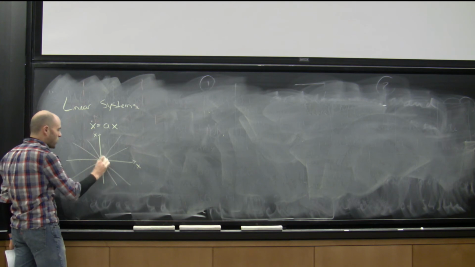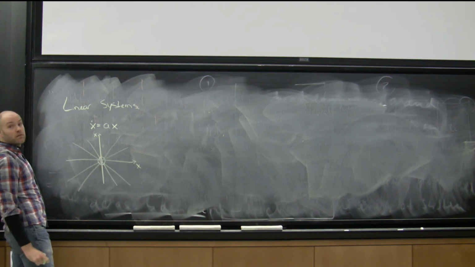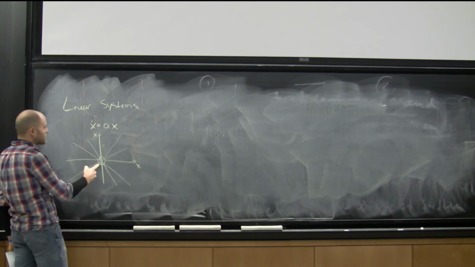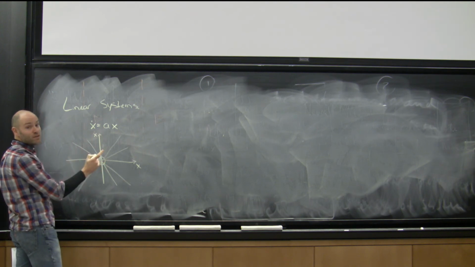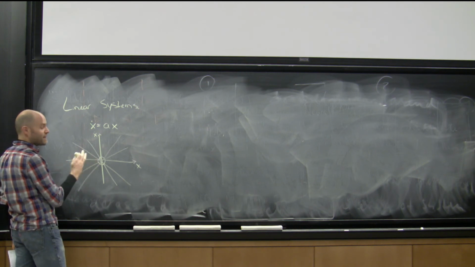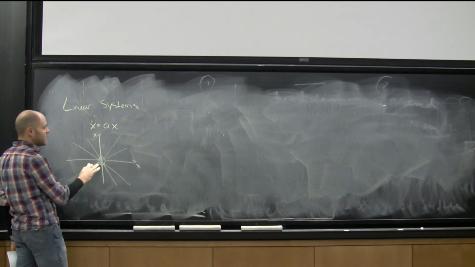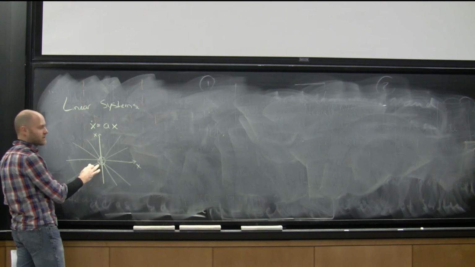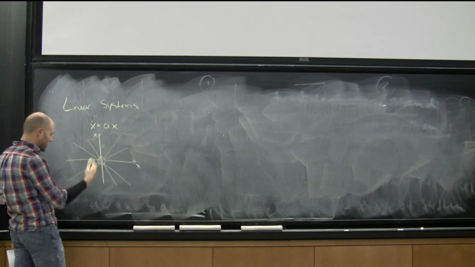But one thing I know is I'm always going to have a fixed point at the origin. And that fixed point is either going to be stable or unstable. And it turns out that the nuances of nonlinear stability are not present here. You're either stable or you're not.